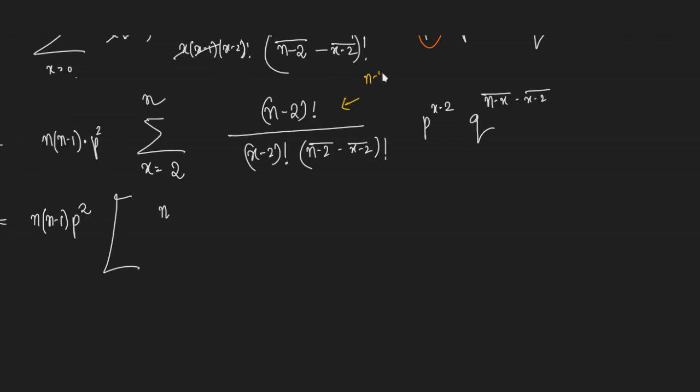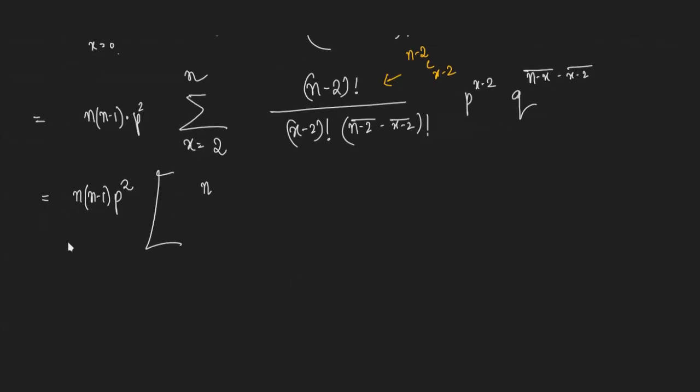Let's put x equal to 2. This value is nothing but n minus 2 C x minus 2, so let's write that also. This is equal to the summation, x goes from 2 to n, of n minus 2 C x minus 2, p to the power x minus 2, q to the power n minus 2 minus (x minus 2).